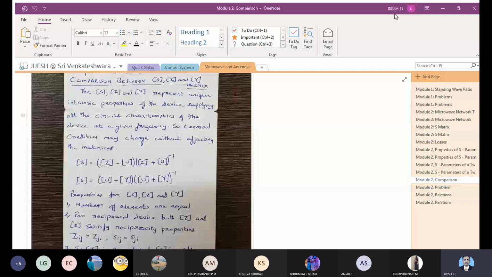We will see how these three matrices can be compared with each other. So note down the heading: comparison between S, Y, and Z matrix.